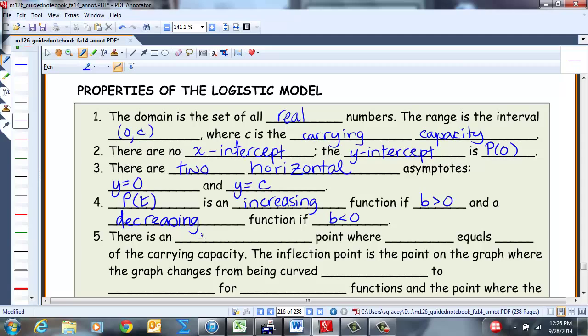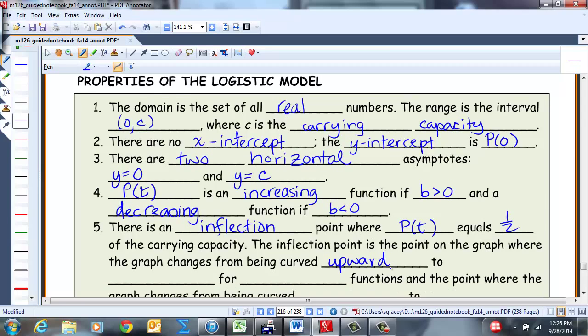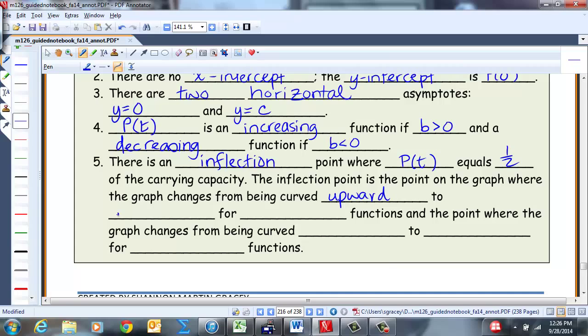There is an inflection point that we talked about, where P at t equals half the carrying capacity. The inflection point is the point on the graph where the graph changes from being curved upward to downward, and that would be for growth functions.